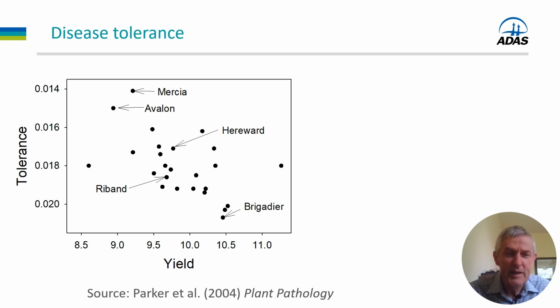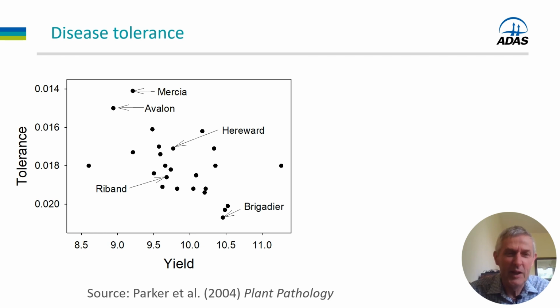So in this case, along the bottom axis, we've got the yield that those varieties achieved where they were very intensively protected against disease. So we can consider that as a measure of their yield potential in that particular environment. And up the vertical axis, we have the tolerance of the variety.